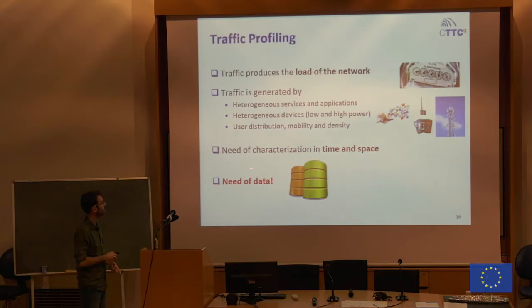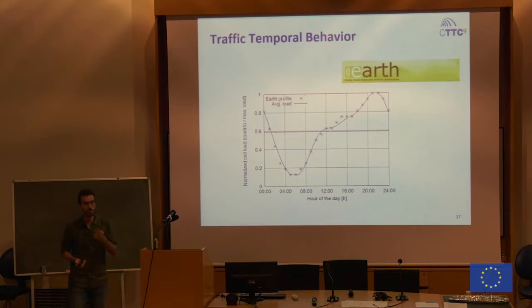And for this, as we already discussed this morning, if we could have some available data, it would be fine. But we don't. Or we have partial information from some literature or some databases that we have available. So the most used temporal behavior for traffic is the one introduced by the EARTH project.